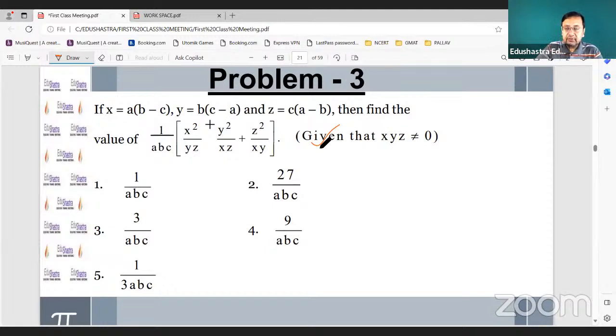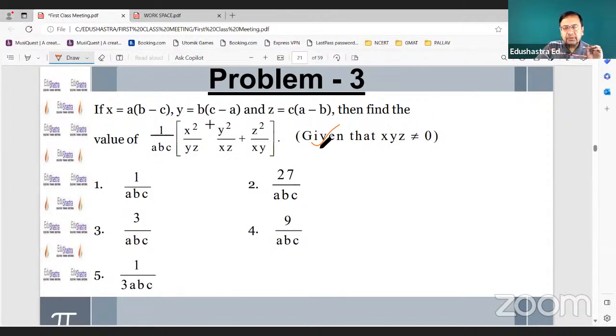What? x into y into z is not equal to 0, right? So this is saying the product of the three variables x, y, z is not equal to 0. This means they can be any real number apart from 0: positive, negative, fraction, decimal, etc. Anything is possible.